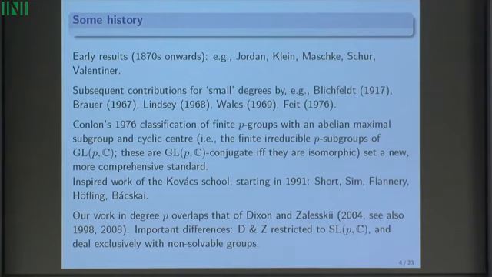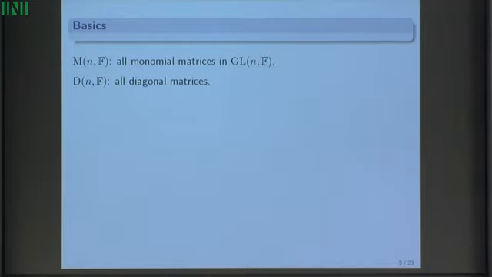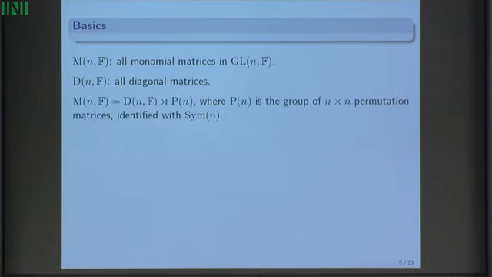But okay, so let's get down to some basics, set up some basic terms and terminology. So my notation for the group of all monomial matrices, n by n over the field F. This contains the full diagonal group of all diagonal matrices, and splits over it by the group of n by n permutation matrices, which we identify with the symmetric group of degree n.